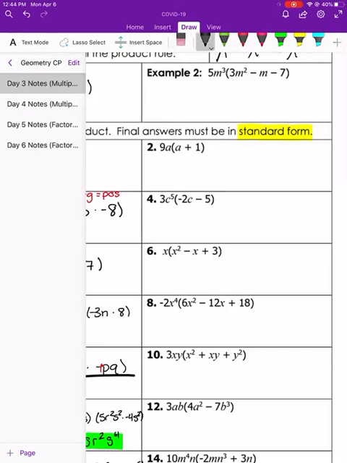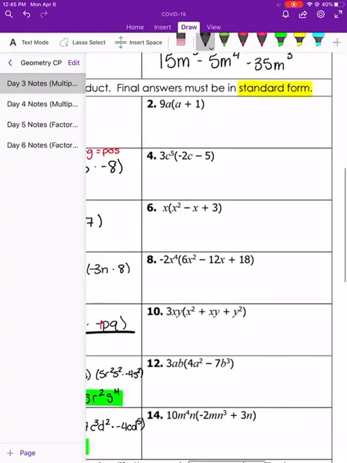You should get 15m to the 5th minus 5m to the 4th minus 35m cubed. Okay. This one you'll get 9a squared plus 9a. 4 you'll get negative 6c to the 6th minus 15c to the 5th.